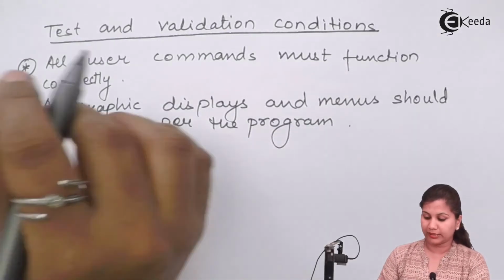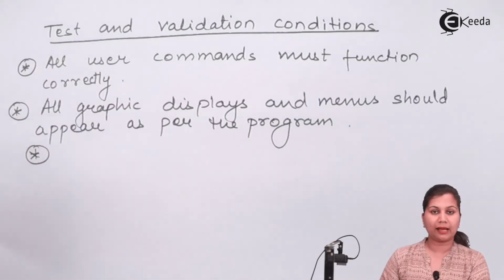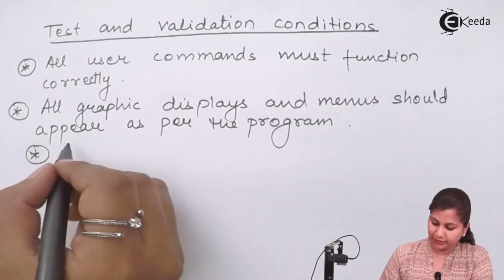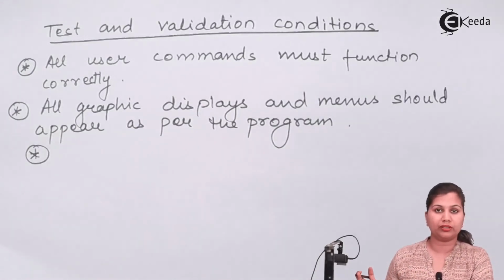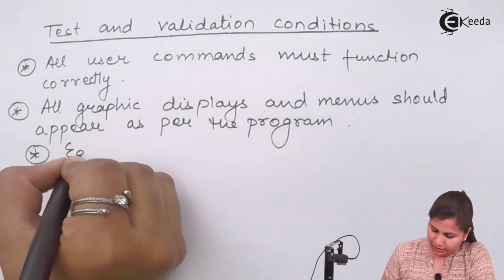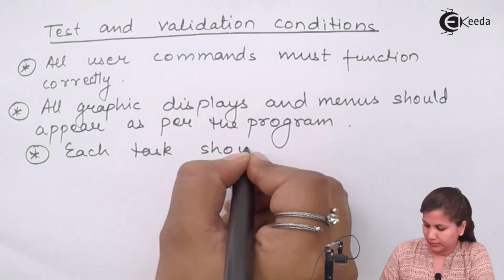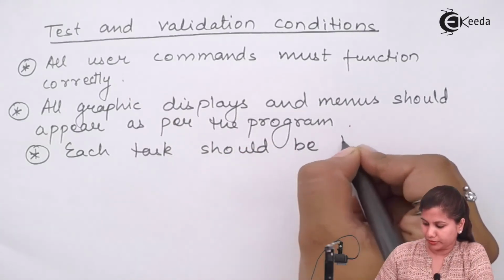After that, we check whether the camera is working properly or not. For its testing, we test the camera with various types of user inputs. So each task should be tested with test inputs.